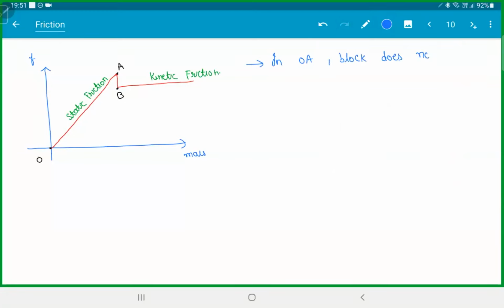That's why we call it static. The friction is there when there's no relative motion. At point A, the friction becomes maximum. So at one point, the block reaches the max friction value.